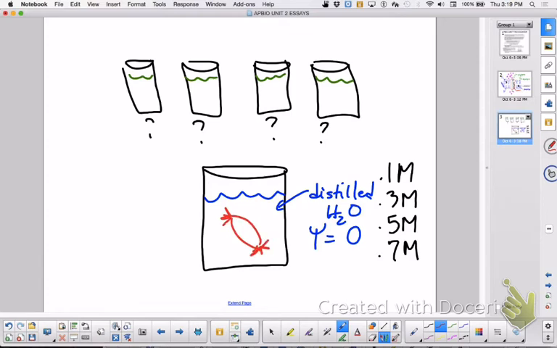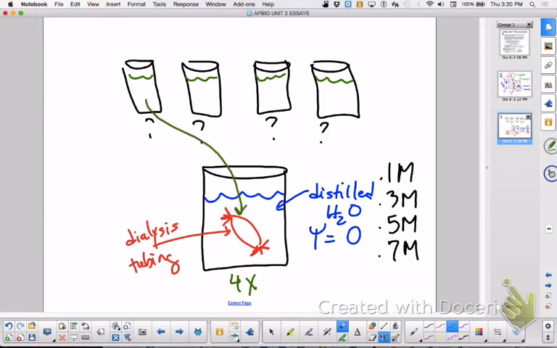Using some string. Okay, then I could do this four different times, right? And I would put some mystery solution 1 in there for my first experiment, then mystery solution 2, mystery solution 3, and so forth, right?